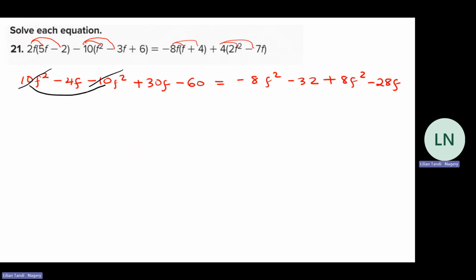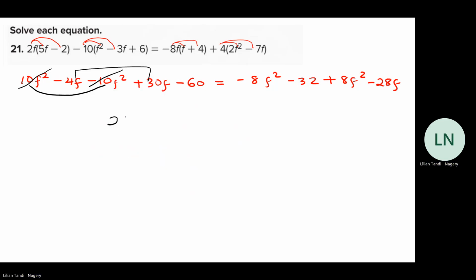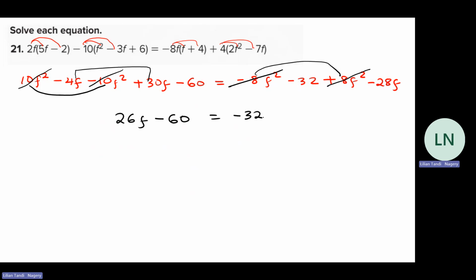This and this goes away. This and this are friends. Negative 4 plus 30 is 26. So 26f minus 60 equals this, and this will go away because they will make 0. And then we'll have negative 32 and negative 28f.